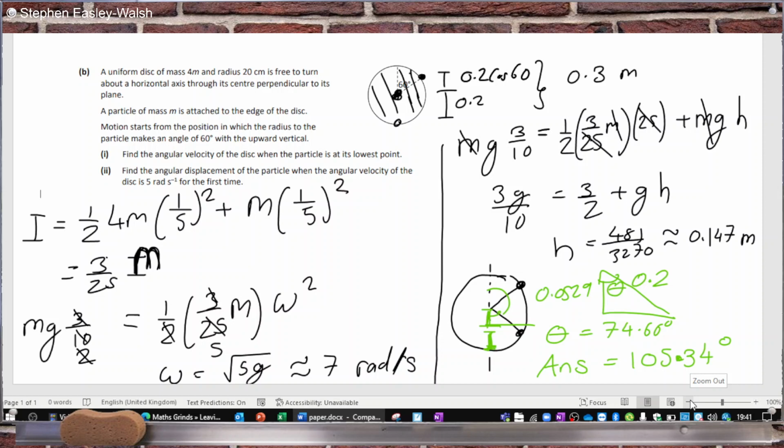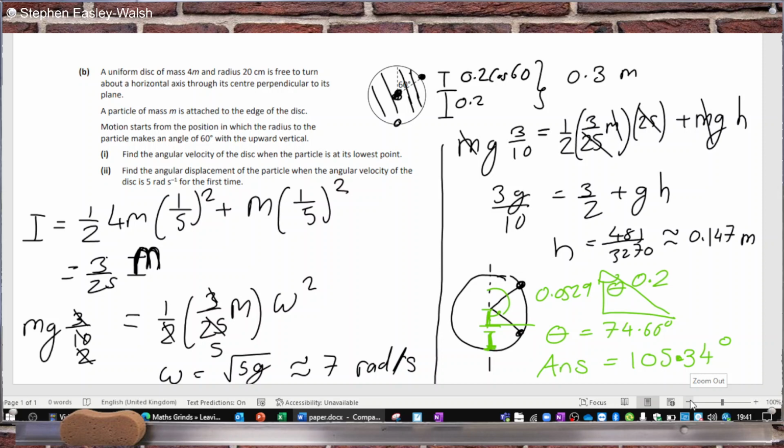Let me have a check here. Just want to make sure that disc isn't falling or anything. Uniform disc mass M, radius 20, is free to turn about a horizontal axis through the center perpendicular to the plane. A particle of mass m is attached to the edge of the disc.